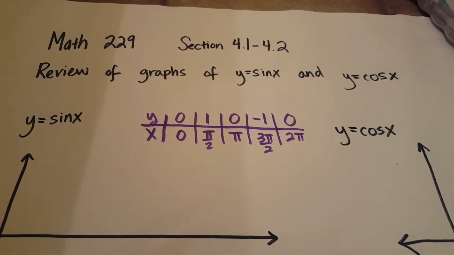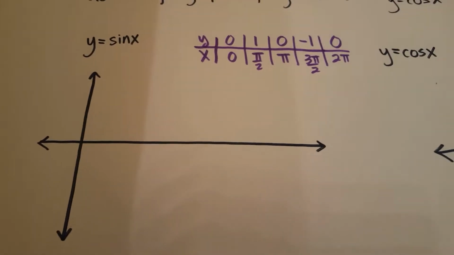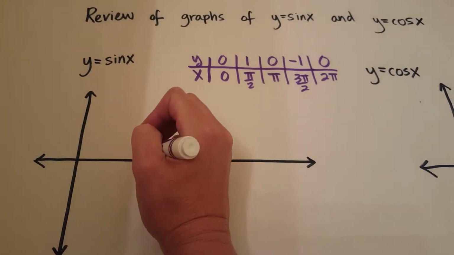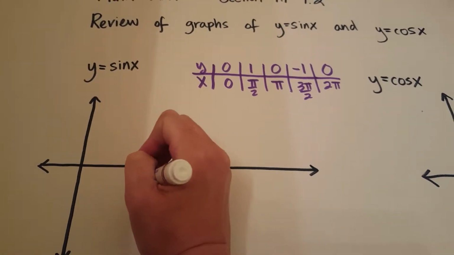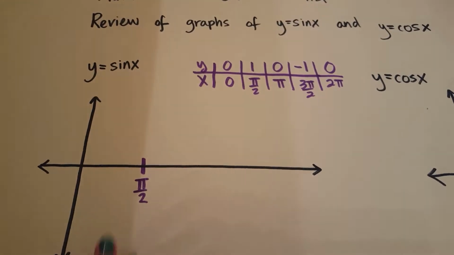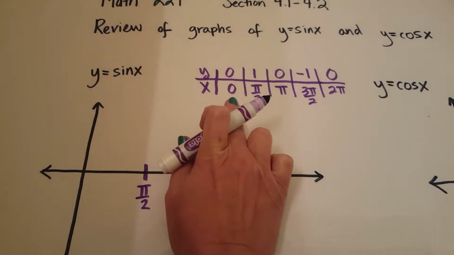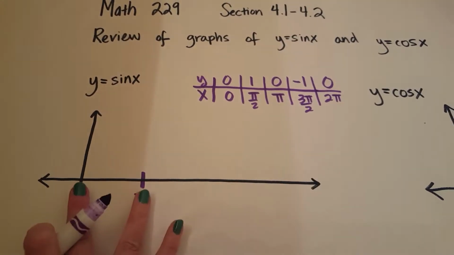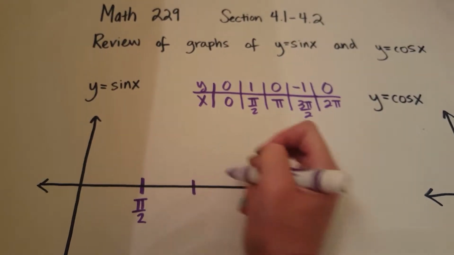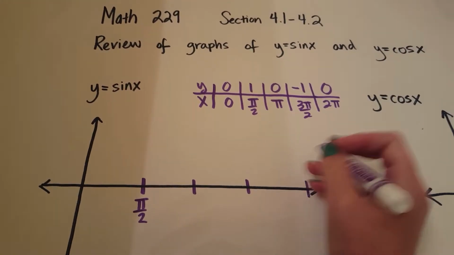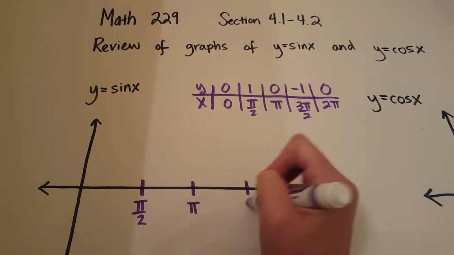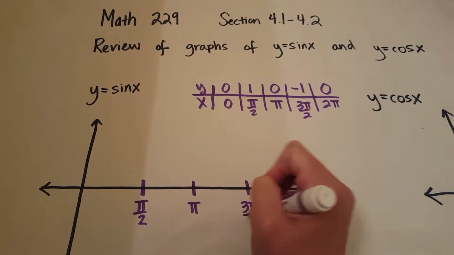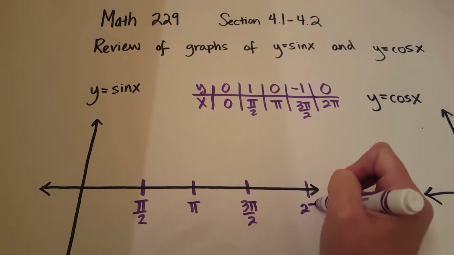Here's how I graph it. And I don't particularly graph it to scale. I make one mark, and that'll be my distance that is pi halves. Since I'm cutting it every pi halves, I'm going to repeat that distance 4 times. So this will be pi, 3 pi halves, 2 pi.